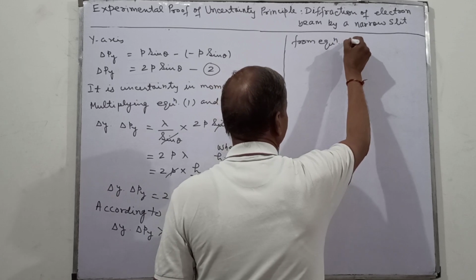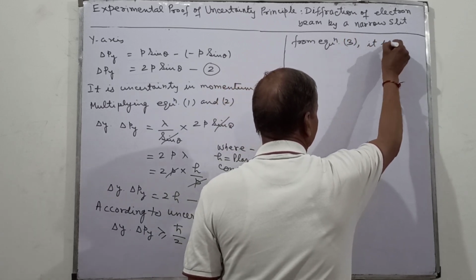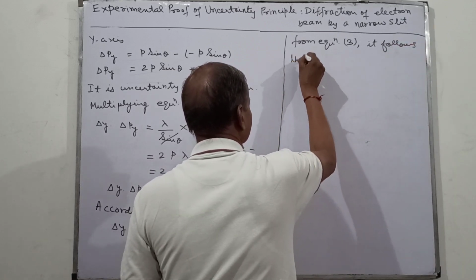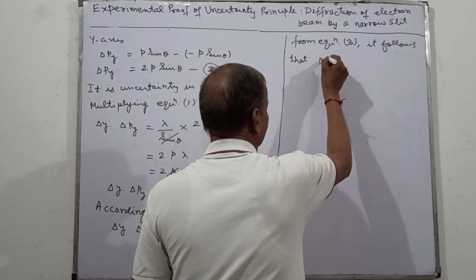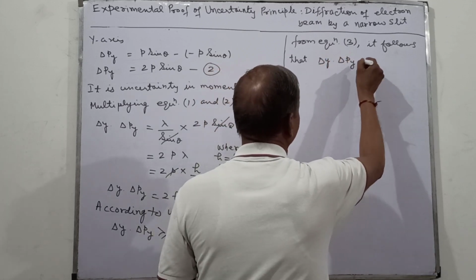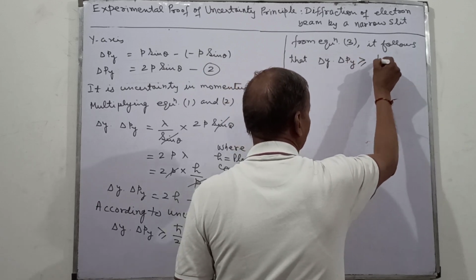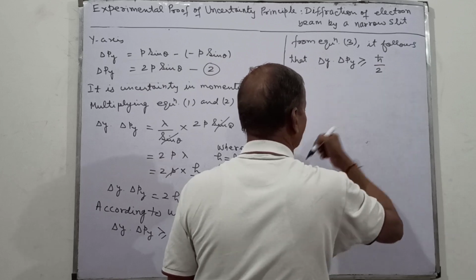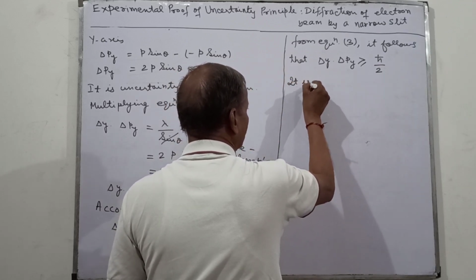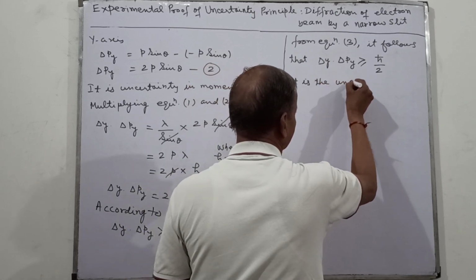From equation 3, it follows that delta y into delta py is greater than or equal to h cross upon 2, which is the uncertainty principle.